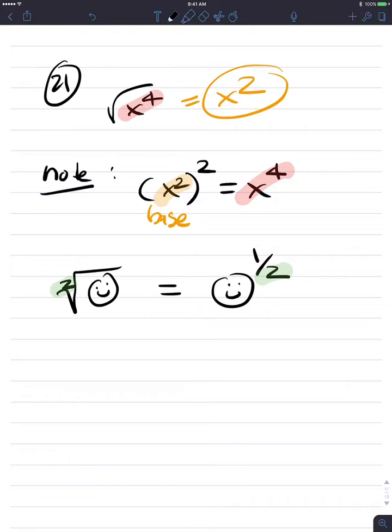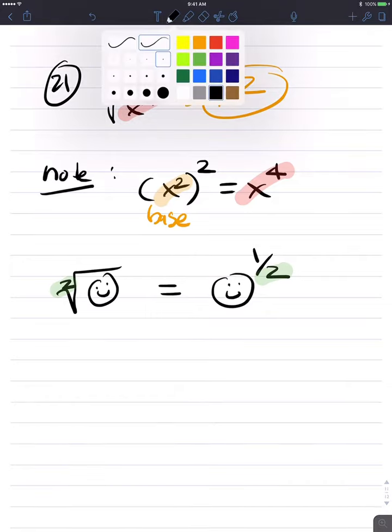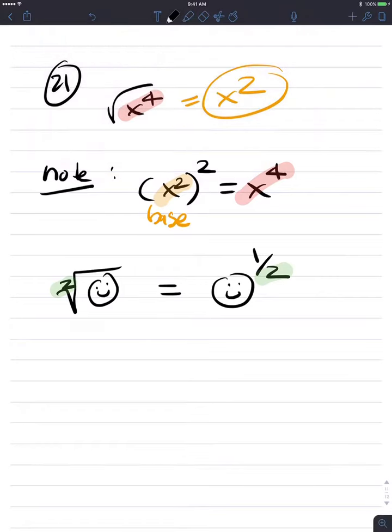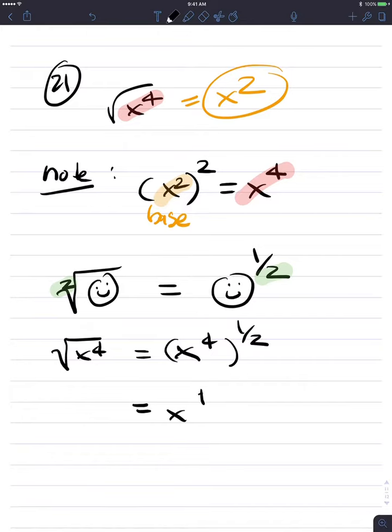So this is going to be important for us for some of these problems, because I can now describe the square root of x to the fourth as x to the fourth, my base, to a 1/2 power. If you remember from beginning algebra, if you have a base raised to a power to another power, here's what we're focusing on.